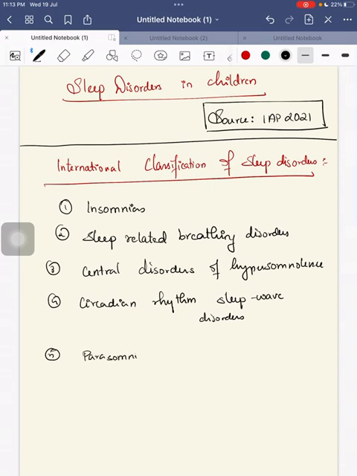Fifth type is parasomnias. Sixth one is sleep related movement disorders. Seventh type is other sleep disorders. So these are the types of sleep disorders.